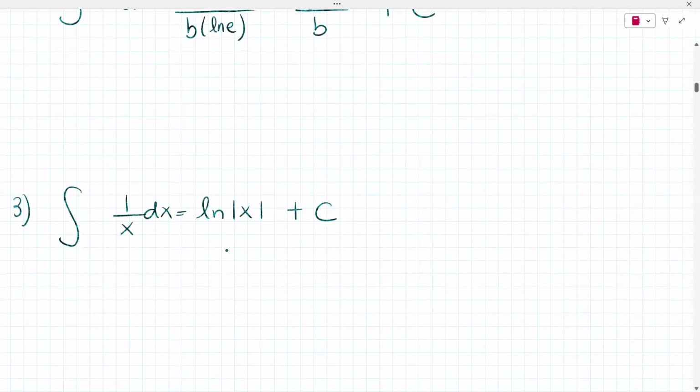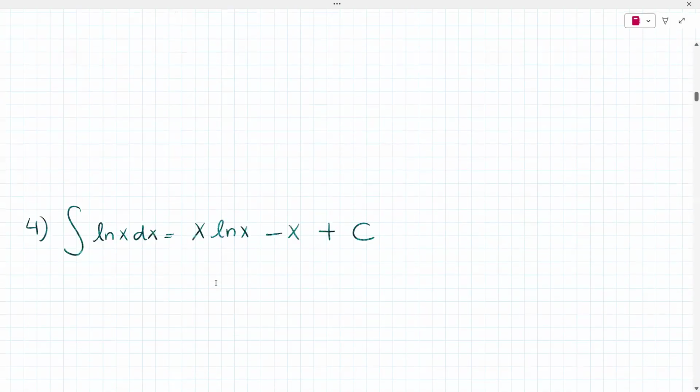And then the integration, you've probably seen this in the last video. The integration of 1 over x dx is ln of absolute value of x plus c. Okay. And then the fourth one, ln of x dx, you kind of have to do, you get x ln of x minus x plus c.